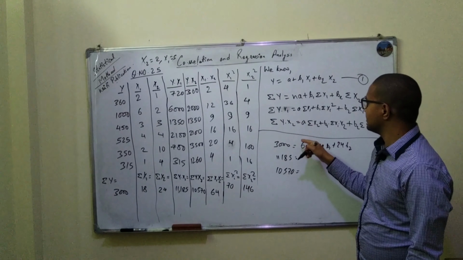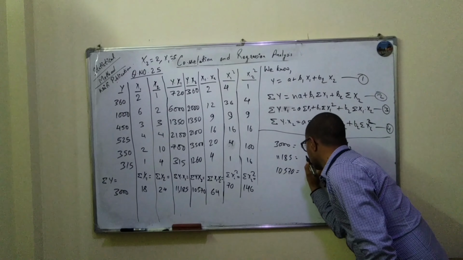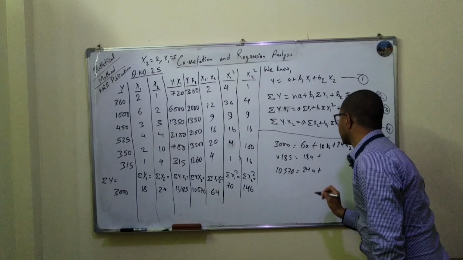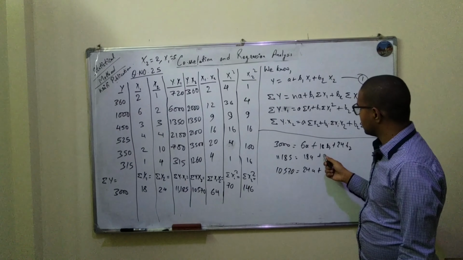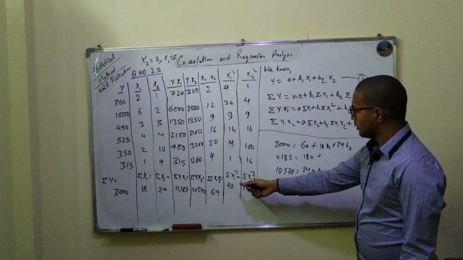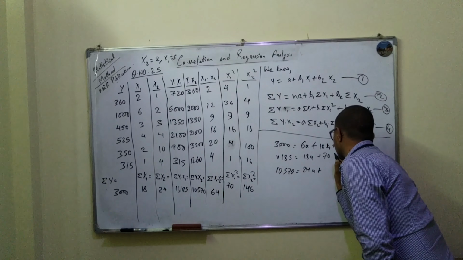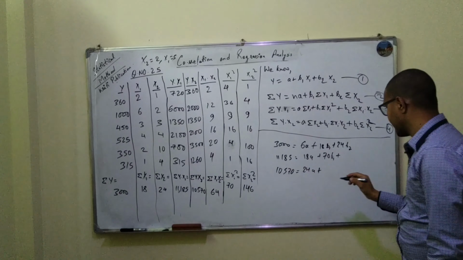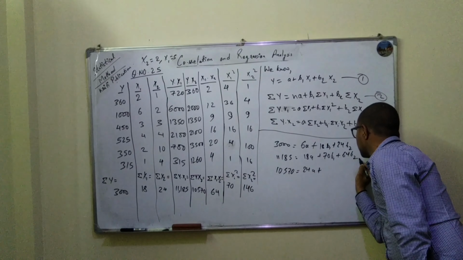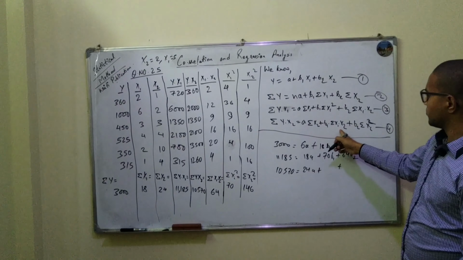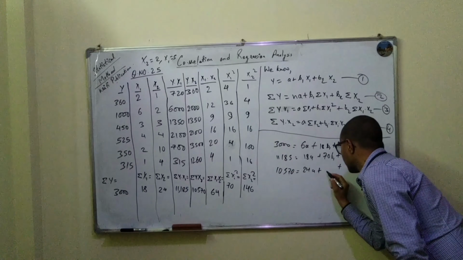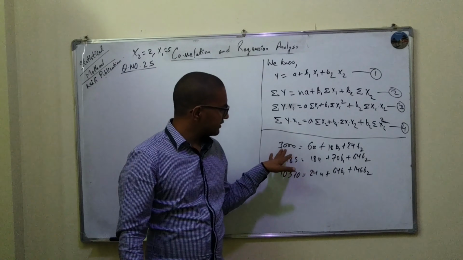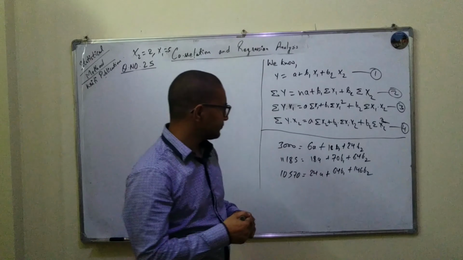Then your a's are x1 and x2: 18a, 24a plus. After this is x square, 70 b1 plus x1 dot x2 would be 64 b2, plus this would be x1 dot x2, 64 b1. So this will be our fifth, sixth, and seventh equation.